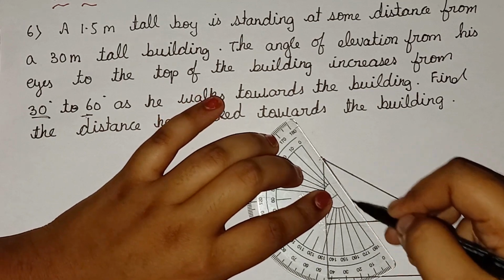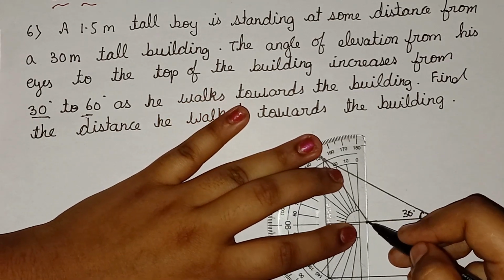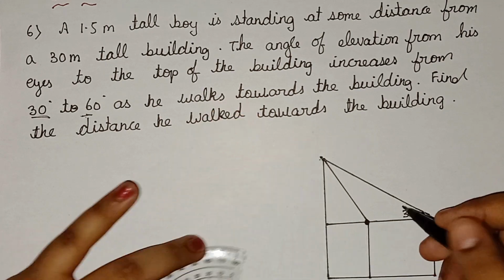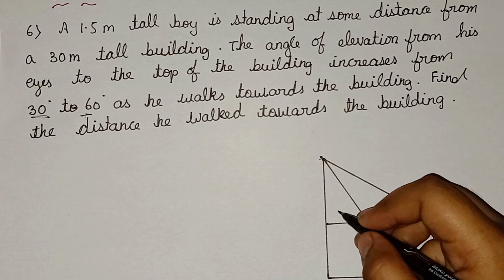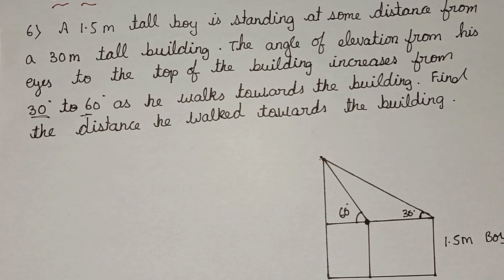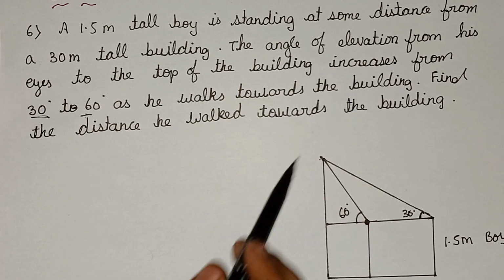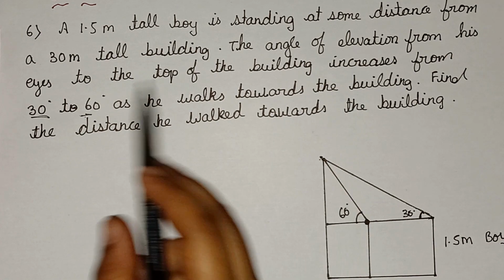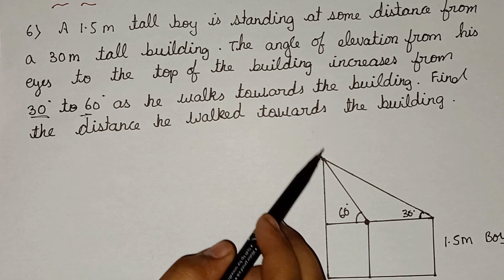Why? I'll explain that. You have to read the question properly, then only you'll understand. So here it's forming 60 degree. You have to be careful here. They told that this is the angle of elevation from his eyes to the top of the building. This is the top of the building, isn't it?